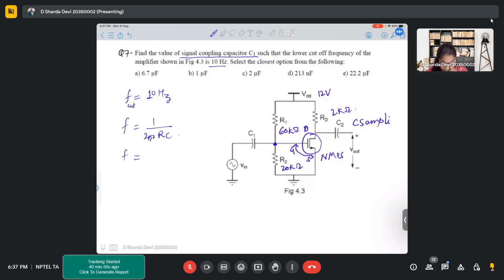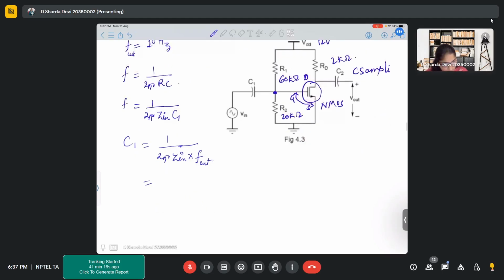At this particular point, what is your R? R is actually the combination of these two with your Rg, so that is Zn. So R is Zn, into C1. So C1 is 1 upon 2 pi Zn into F cutoff, which is 1 upon 2 pi into how much was the Zn?